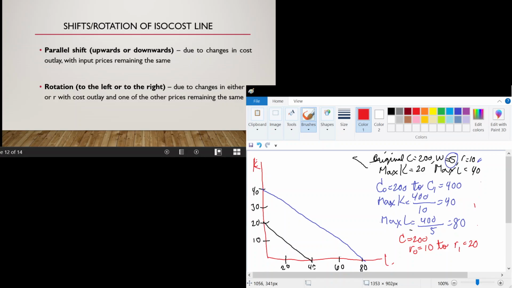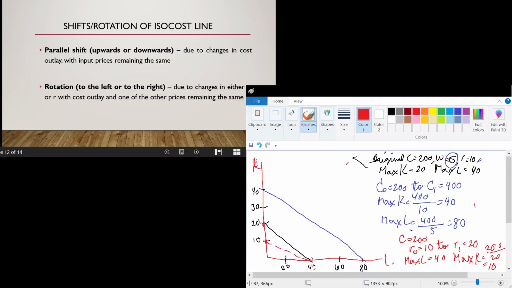So, from 10 to 20, so, syempre, yung max L natin will remain to be 40 kasi hindi naman na apektuhan yung W natin. Yung max K yung babago. So, from 200 divided by 20, it will give us 10. So, eto na ngayon yung new. So, nag-rotate siya. Same lang yung L natin, pero yung K natin bumaba siya from 20 to 10.